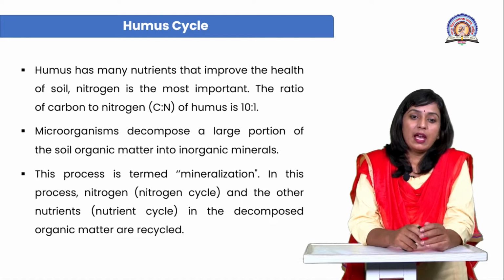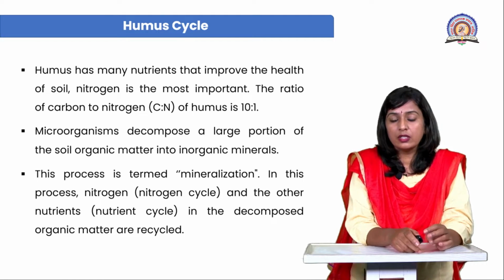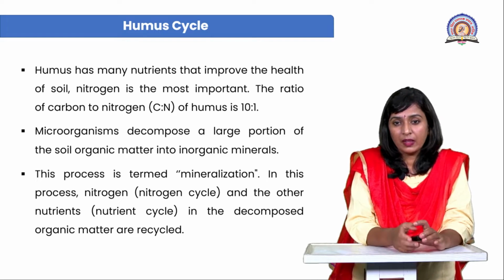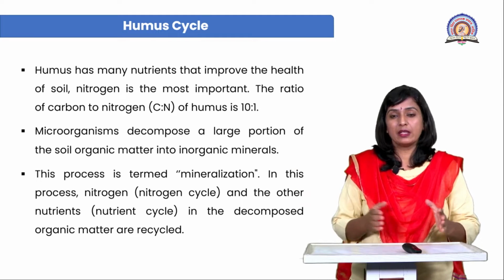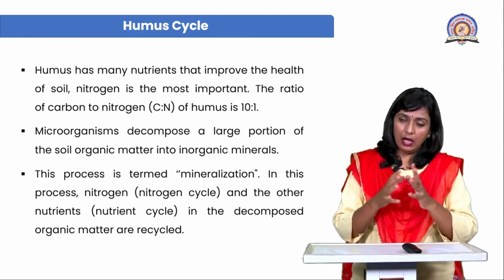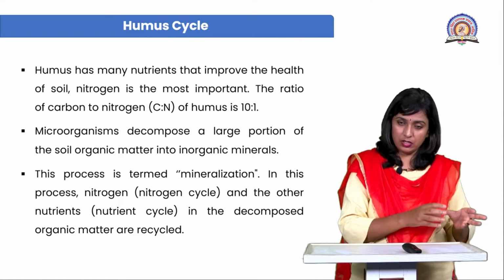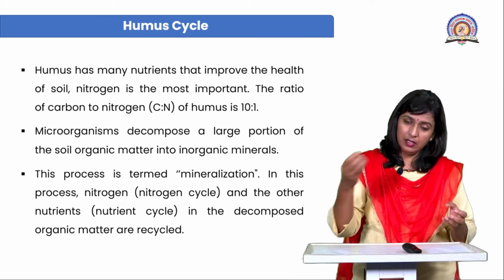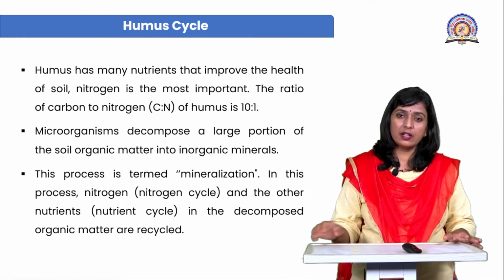Then microorganisms decompose a large portion of the soil organic matter into inorganic minerals. Yes, of course, we studied this point yesterday. A number of microorganisms are there, right? Altogether, they secrete some kind of digestive enzymes, which digest the organic matter, and then it gets absorbed by that microorganism for their energy production.